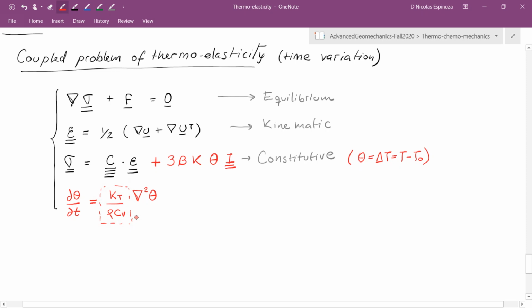where all of this is a diffusivity parameter. And in this case, let me write it down. This is the diffusivity, it's actually the thermal diffusivity parameter. And here, for example, we have KT, which is the thermal conductivity.